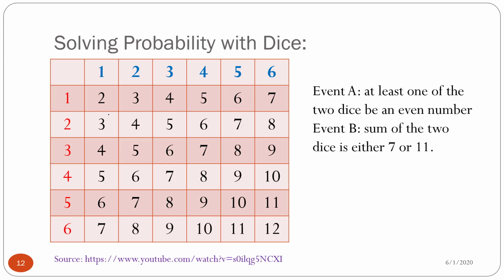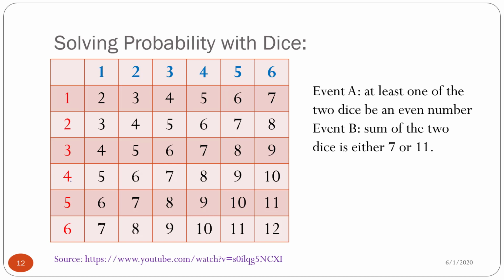So you can follow this logic and populate this table with the sum of the numbers showing up. Here you have 5 because 2 on the red, 3 on the blue. You have 6 because 2 on the red, 4 on the blue. Similarly, you will get till 8. Similarly, you will go to 9, and so on.